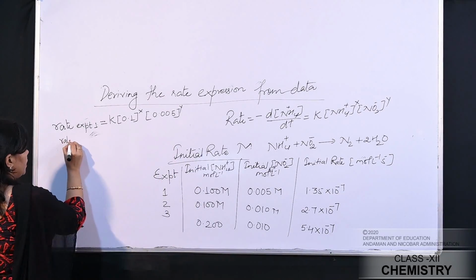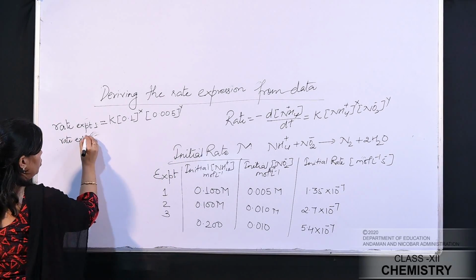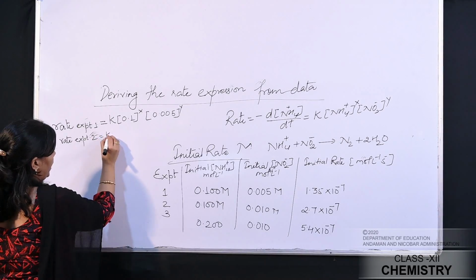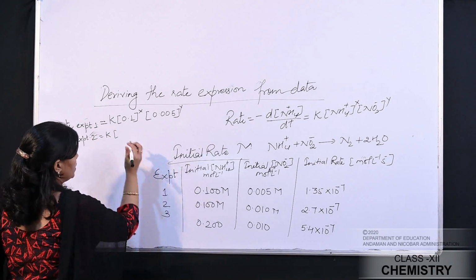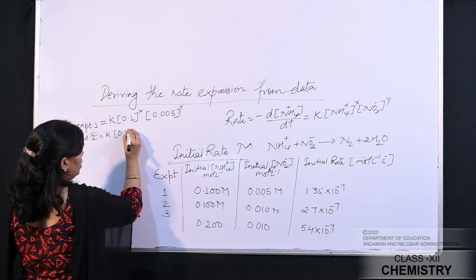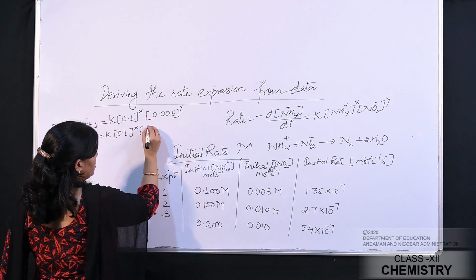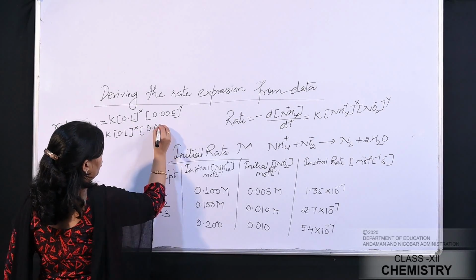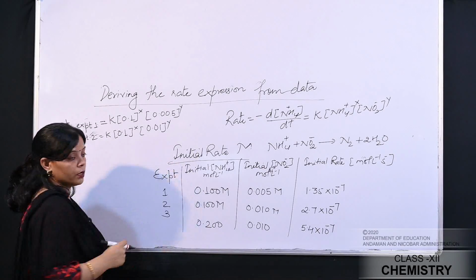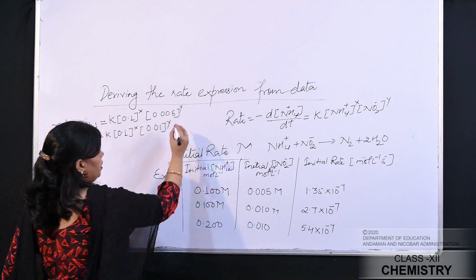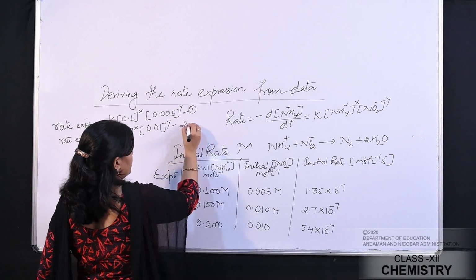Similarly, the rate for experiment 2 is equal to k, the concentration of ammonium remains constant, 0.1 power x, and 0.01 power y. So this is equation 1 and this is equation 2.